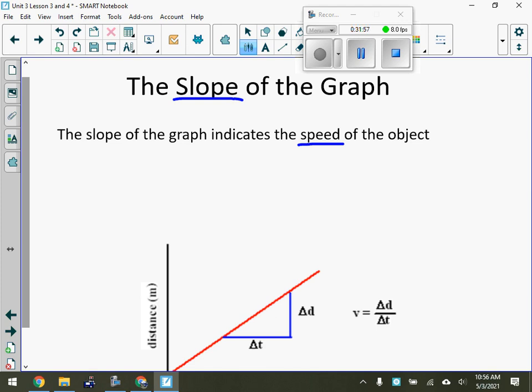And the reason is the slope. Can someone tell me, when I say slope, what does that mean to you? Do you guys remember doing the slope at some point? Anyone? You can see the little triangle down here. What do you remember about slope, anyone? I'm sure you must have done slope at some point here. Anyone?